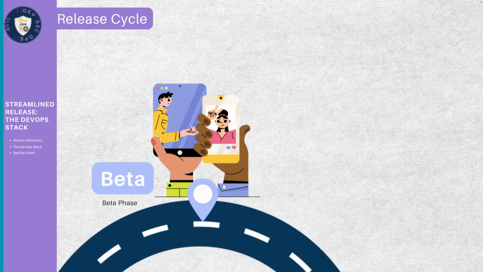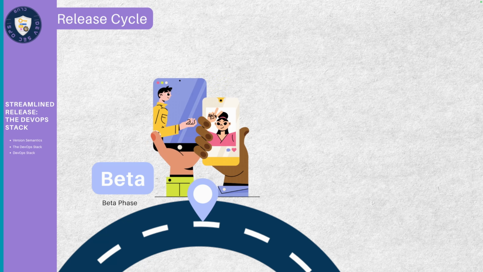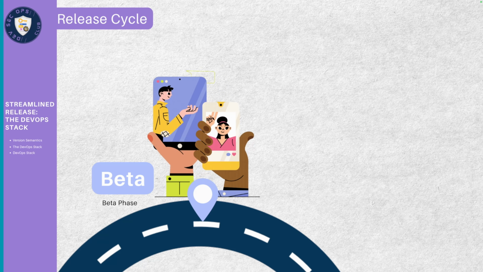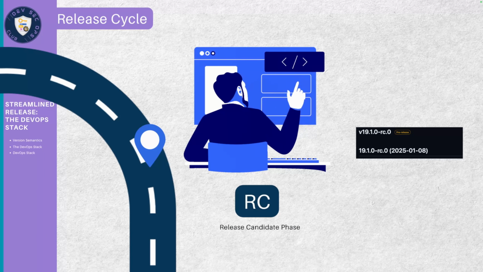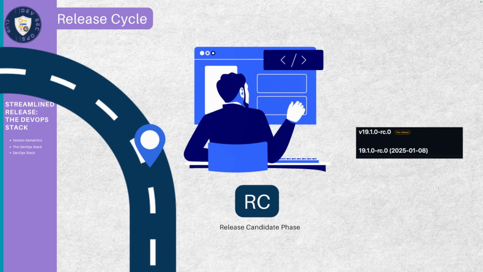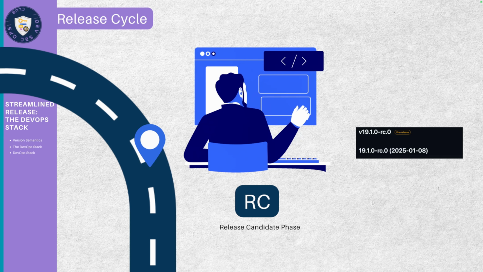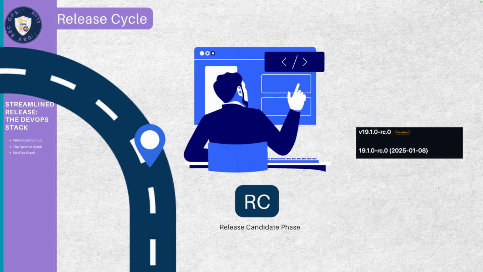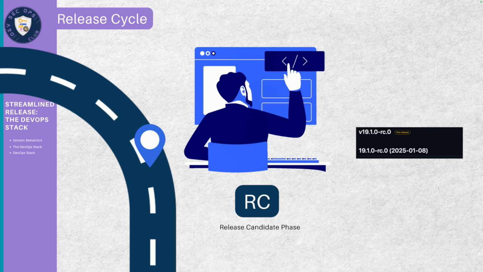We are not going much into that, but beta is also a testing phase. Here we release the product. In pre-alpha and alpha, we don't release the product to users. Once that is done, we have the next phase, called the release candidate phase. Whatever feedback is received from the beta phase, all the feedback collected from external testers worldwide, some of them, as I said, your friends and family.